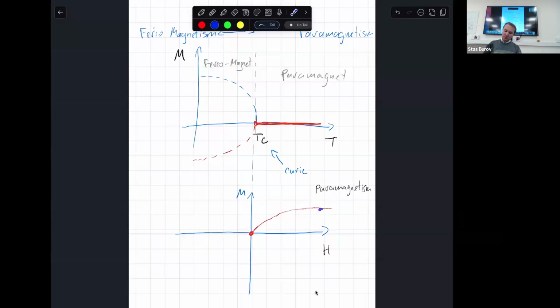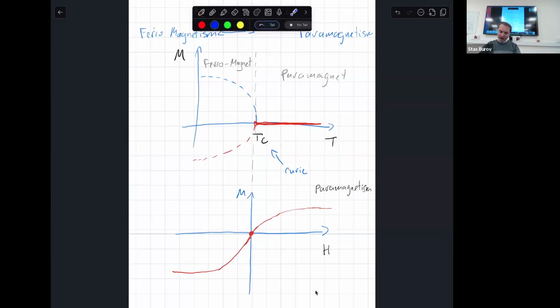What it means is that I will go down and down, and I will follow exactly the same line as when I was increasing my magnetic field, okay? So I will reach over here, and then when I decrease my external magnetic field even further, I will get negative magnetic moment, and eventually I will converge to the minus M0, okay?